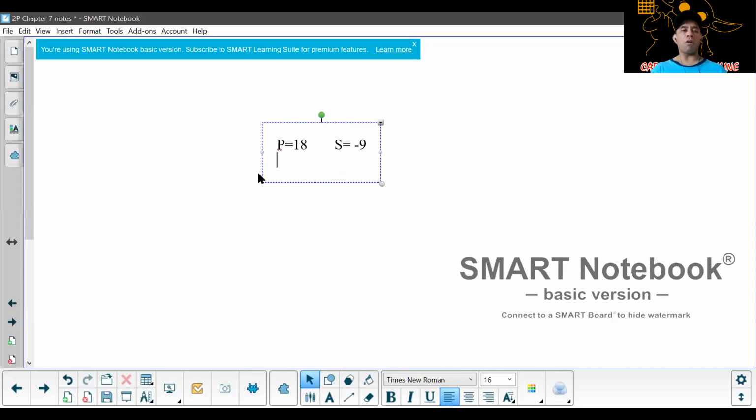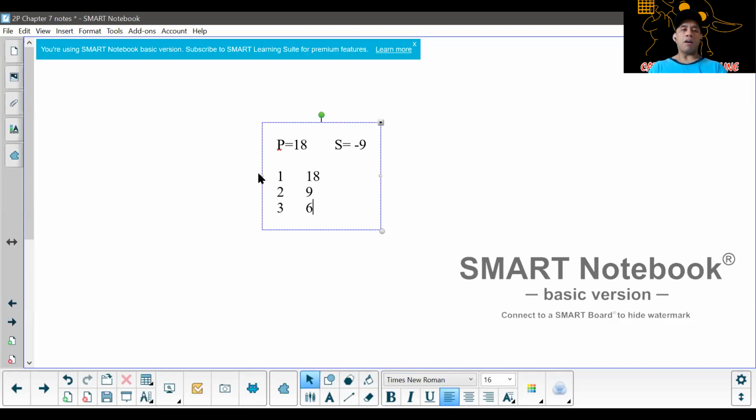Always start off with 1. So we have 18 divided by 1, which gives me 18. Now, 18 happens to be an even number, so we know 2 goes into it. So 18 divided by 2 gives me 9. 3 also goes into 18, so 18 divided by 3 is 6.